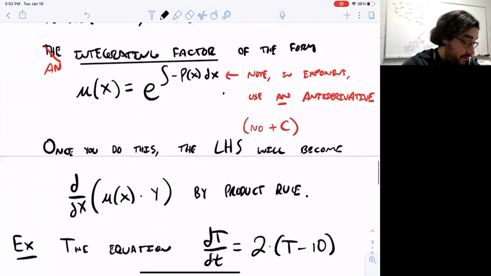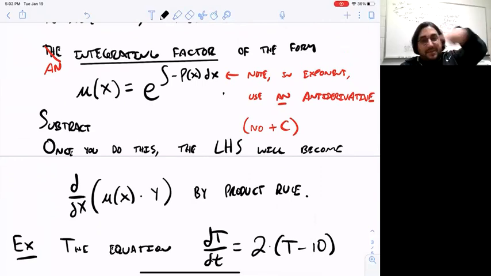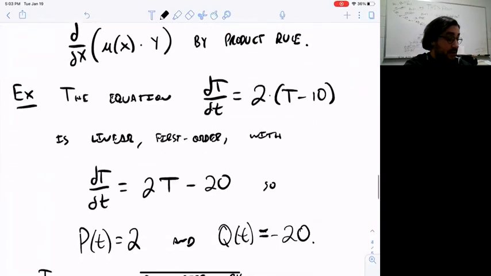Maybe I should actually mark that up here. After you multiply by the integrating factor, the left-hand side will clean up, but it needs the p term over there, right? So subtract the p term over to the left-hand side, so only the q is on the right-hand side still.